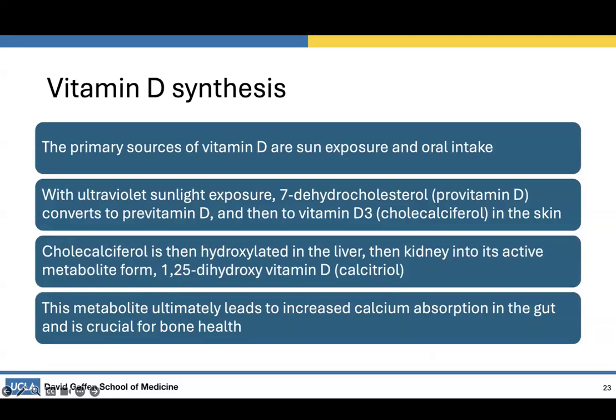Another key function of the integumentary system is the synthesis of vitamin D. The primary source of vitamin D comes from sun exposure and oral intake, like vitamin D supplements, and certain foods. With ultraviolet sun exposure, 7-dehydrocholesterol, also known as pre-vitamin D, is converted into pro-vitamin D, and subsequently into cholecalciferol, or vitamin D3.